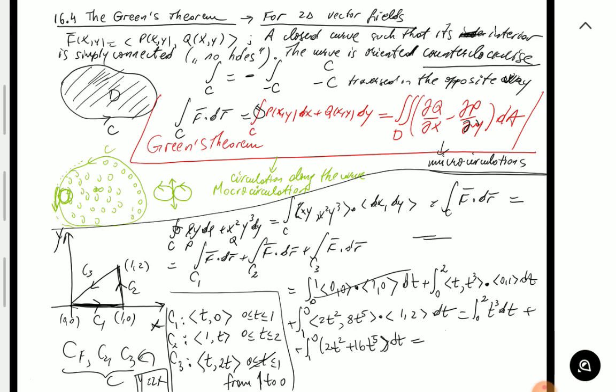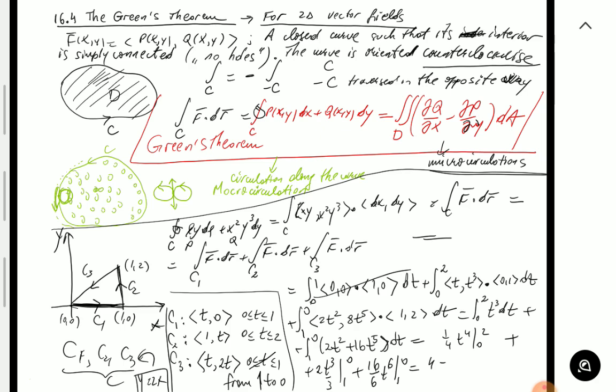Let's finish up the integral. 1 over 4 t to the 4 between 0 and 2, plus 2t thirds over 3 between 1 and 0. So plug in 0 first and then 1, plus 16 over 6 t to the 6 between 1 and 0. Okay, so let's see what we get. We have 16 over 4, which is 4.